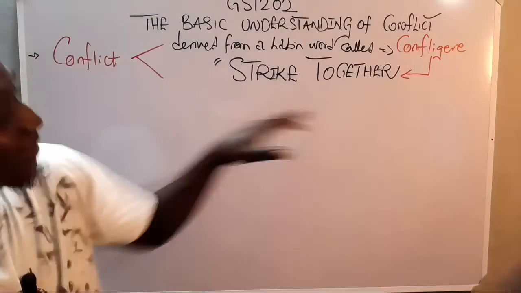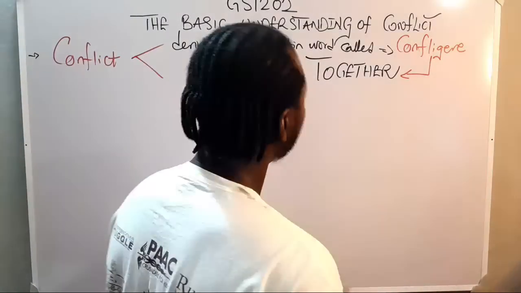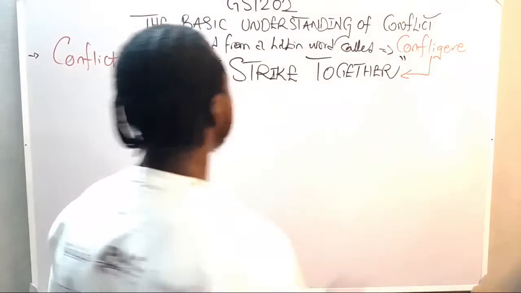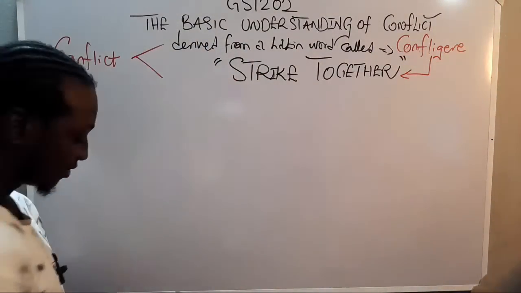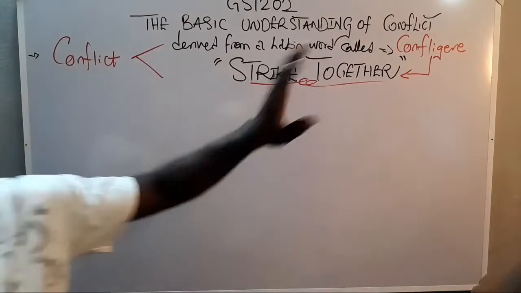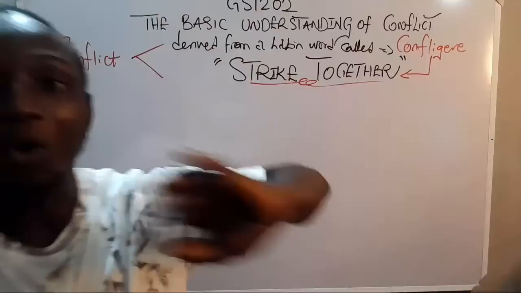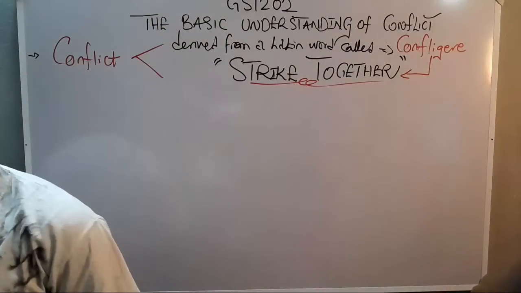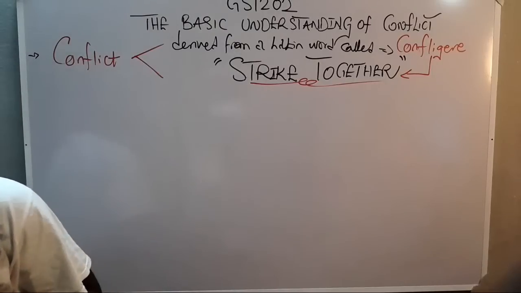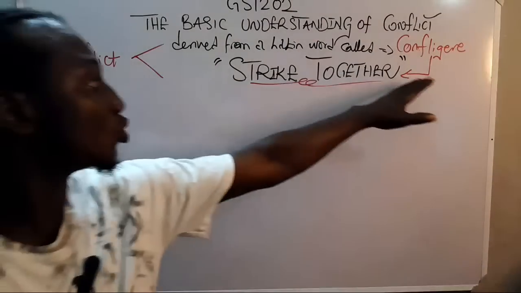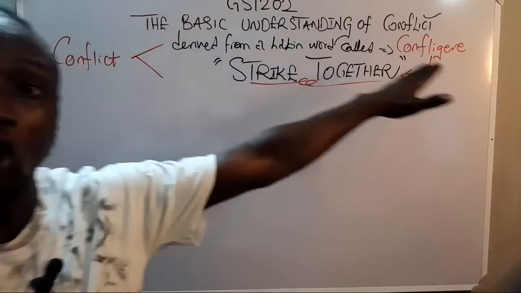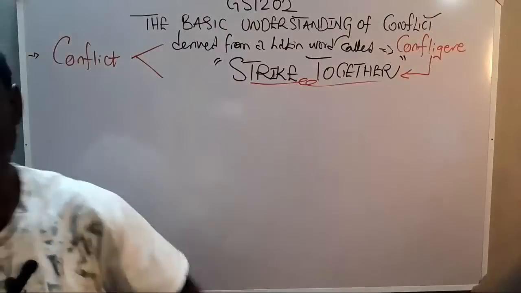This term, conflict, coming from the Latin word confligere, which means strike together, explains that when we talk about conflict, there has to be two entities, object, subject. So conflict, according to its origin, from the Latin word confligere, means strike together.